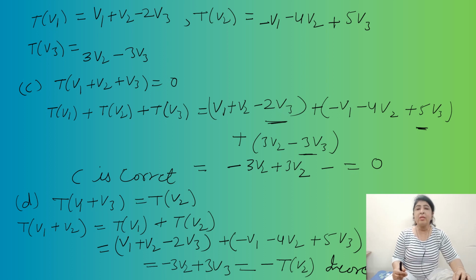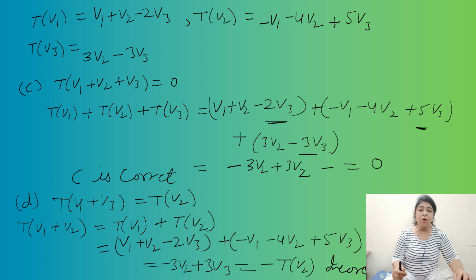So our third condition is T of V1 plus V2 plus V3 equal to 0. This is equal to T of V1 plus T of V2 plus T of V3. Substitute the value for each.